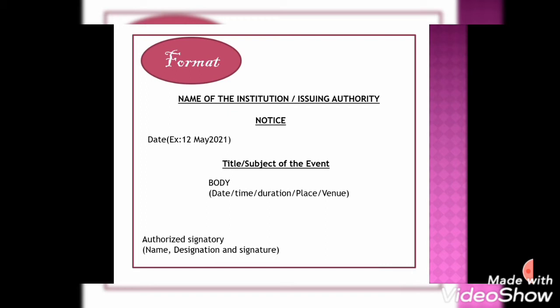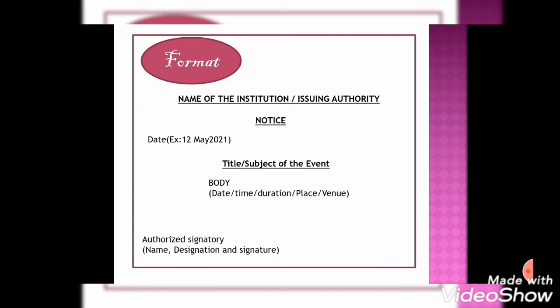Keep in mind, no need to write DATE, just simply write the date. And what is the format of writing the date? See one example, it's given: 12 May 2021. Nothing else. This is the simplest way of writing the date. And again I am saying, no need to write the word date.